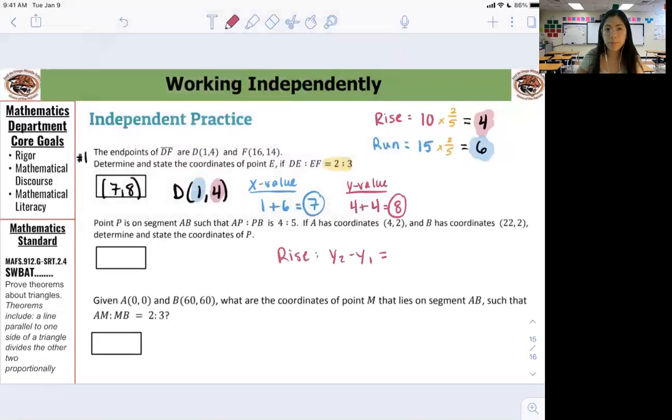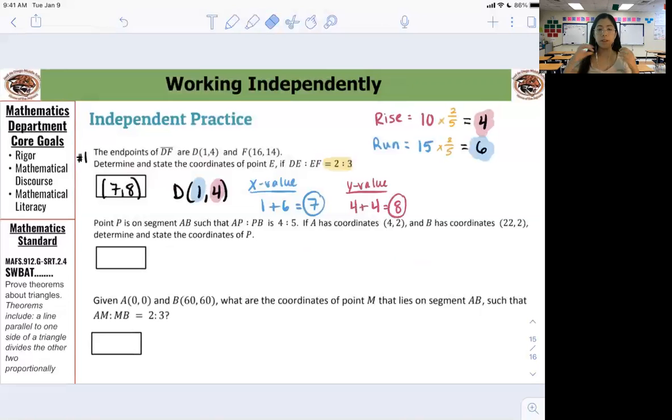So if it's A and B, or like in this case, it was D and F, make sure you're doing the y value from B minus the y value from A. Or in this case, it was F minus D. Okay, like whatever your second point minus the first point, because otherwise you're going to get a negative number instead of a positive number, or vice versa, and then it's going to give you the wrong answer. So just make sure that that's what you're doing when you calculate the rise and the run.